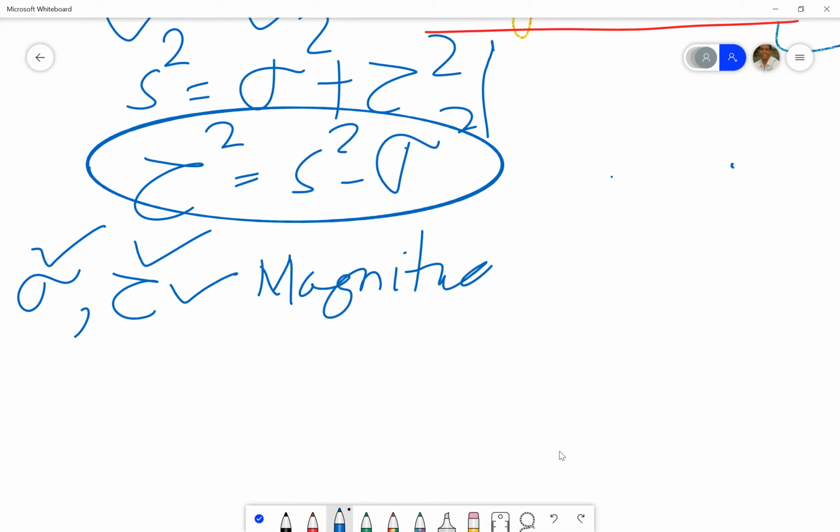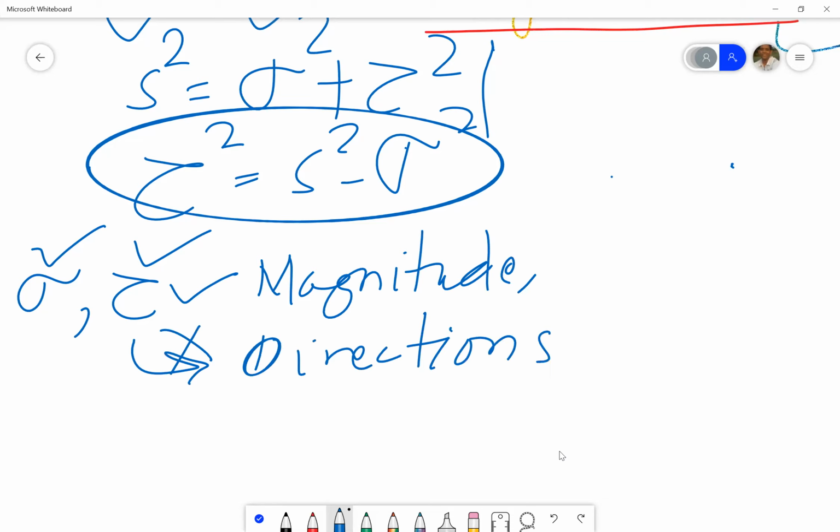The magnitude is calculated, but till now we don't know the directions. We don't have the directions of both the normal stress sigma and the shear stress. So it is necessary to calculate the directions of the shear components and the normal stress components.